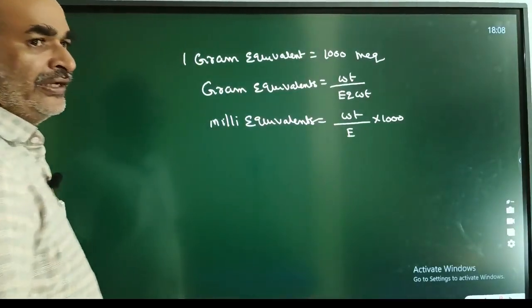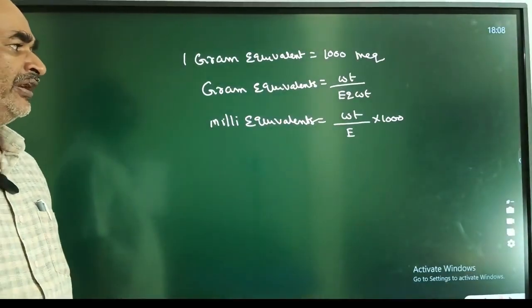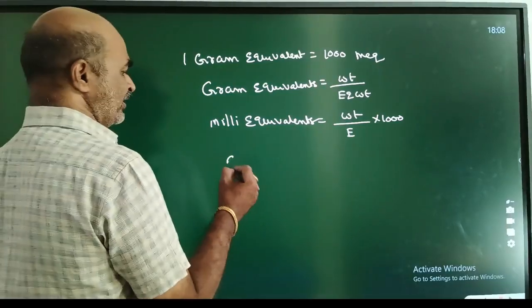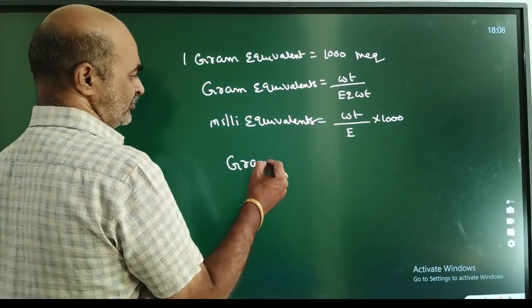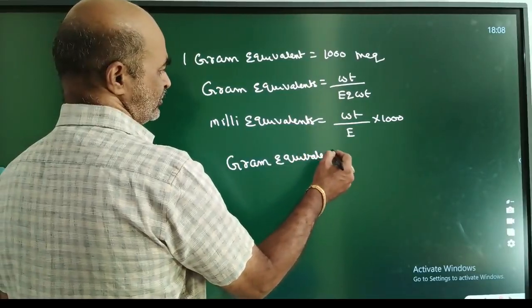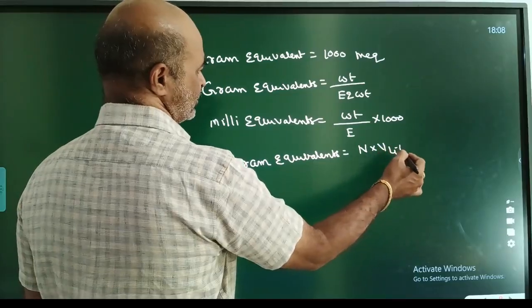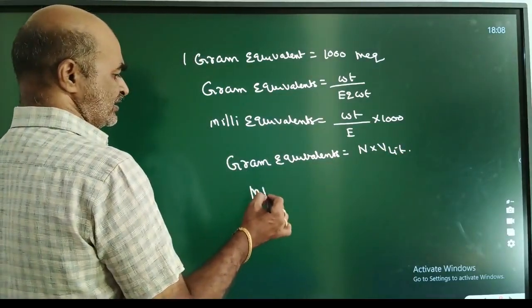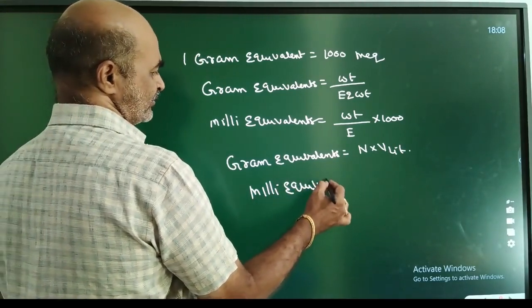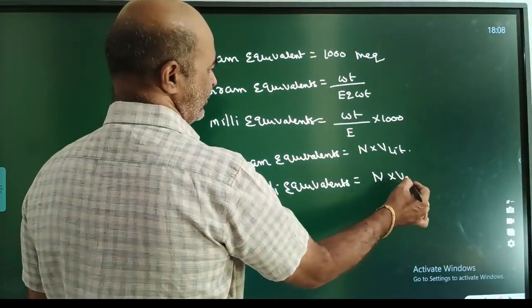Gram equivalents is equal to normality into volume in liters. Milliequivalents is equal to normality into volume in ml.